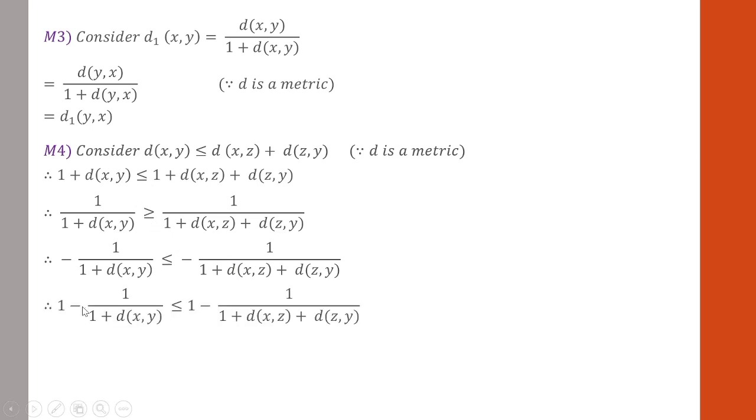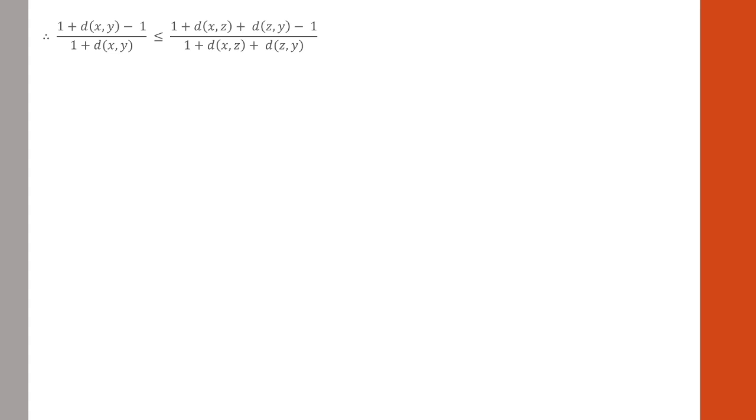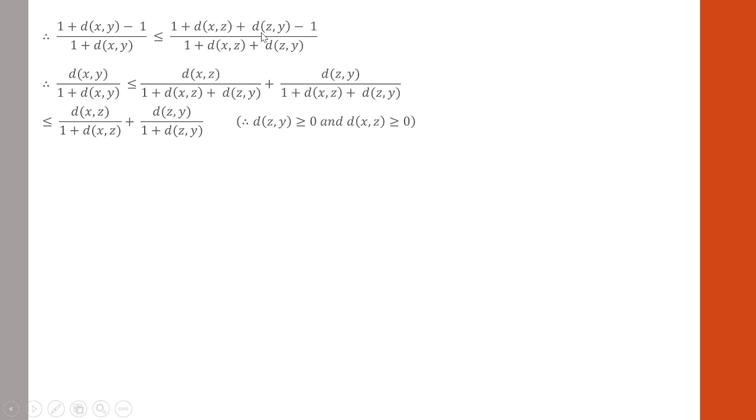Now we add 1 to both sides, and in the next step we simplify this side as well as that side. So we get, now here we cancel 1 and minus 1 on the left-hand side as well as on the right-hand side, and we get, splitting, d(x,z) divided by 1 plus d(x,z) plus d(z,y), plus d(z,y) divided by 1 plus d(x,z) plus d(z,y).